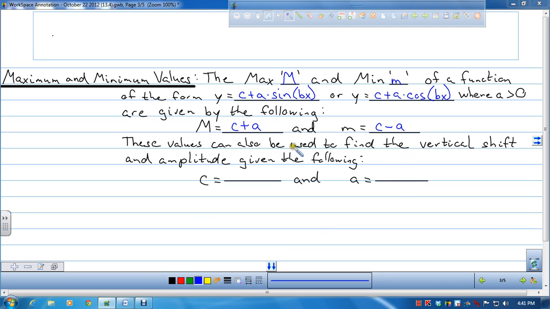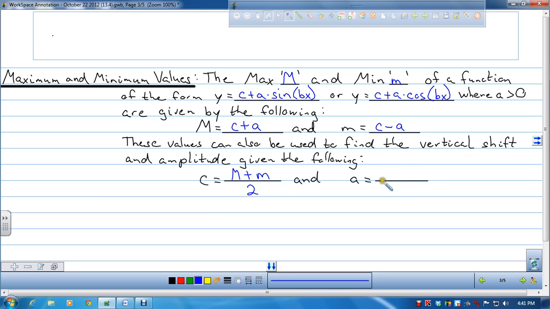These values can also be used to find the vertical shift and amplitude, so you can go both forward or backward in this case. So let's say I had a graph and I knew the maximum and minimum, or I wanted to know C. Okay, so let's say I had a graph and I wanted to write the equation. Well, if I have a graph, I can look at the maximum, I can look at the minimum, and then you add them and divide by 2 and you get your C value.